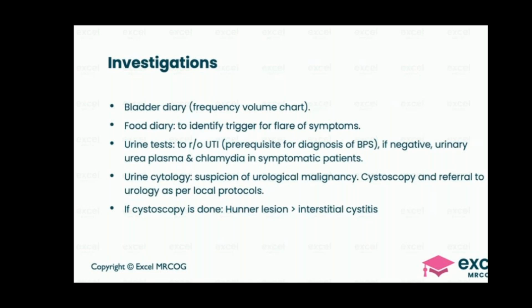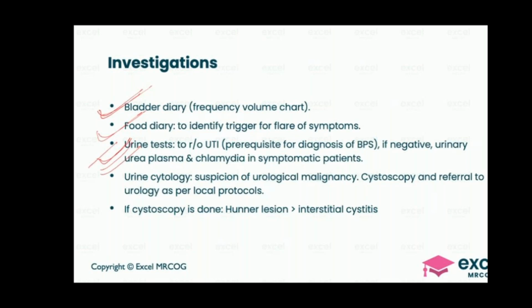What do you do? You always do a bladder diary in this case, so definitely you do a food diary because you want to see if there is any food item that is triggering the pain. You have to rule out urinary tract infections because here you have pain, which is a symptom of urinary infection.